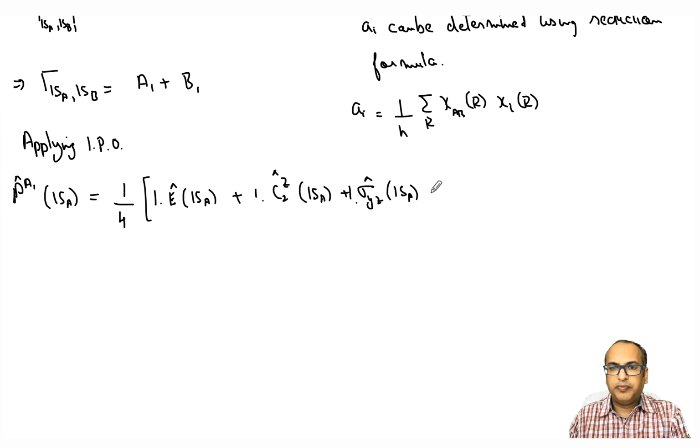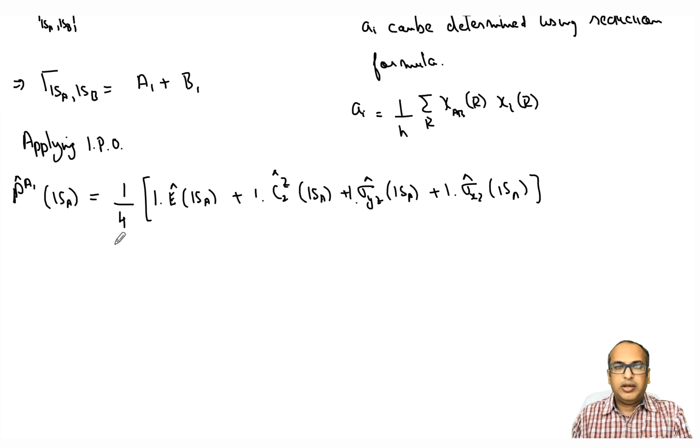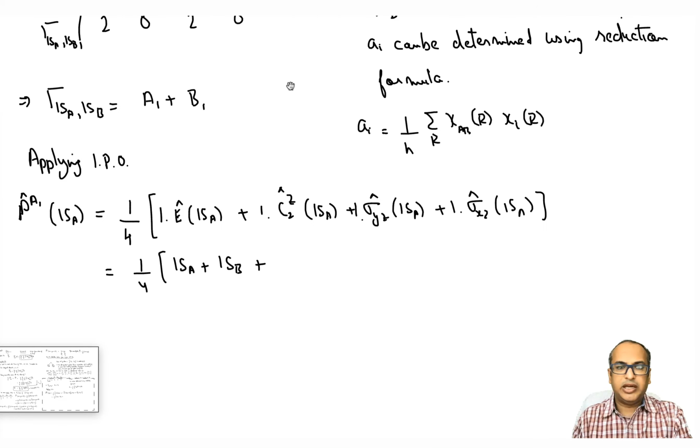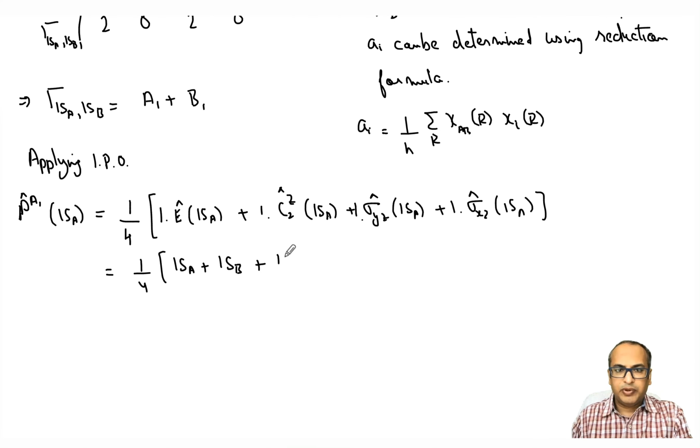This is of course 1 into, plus 1 into sigma XZ operator onto 1SA, right? Now this gives me 1 by 4 1SA. C2Z will replace this, so we'll get 1SB. Sigma YZ will remain the same, so we'll get 1SA. Sigma XZ will replace, so we'll get 1SB, right?